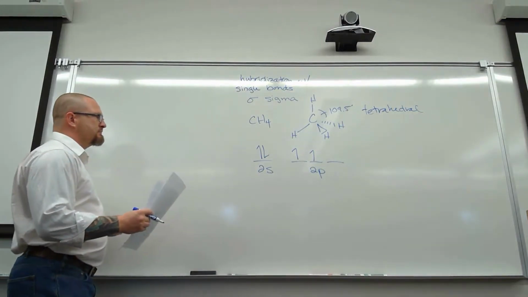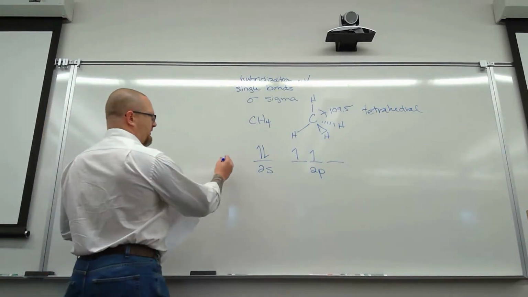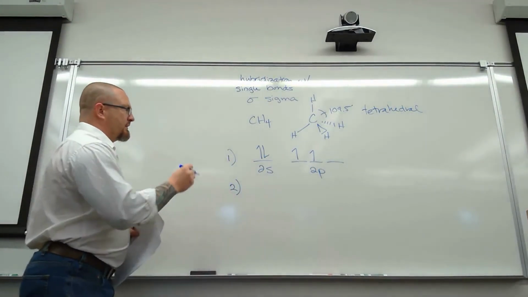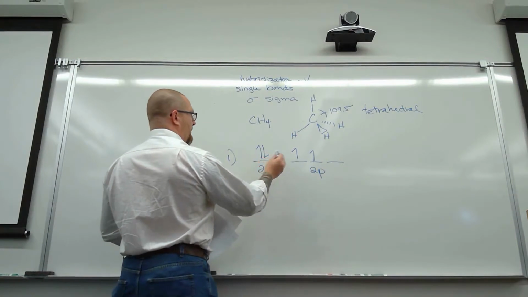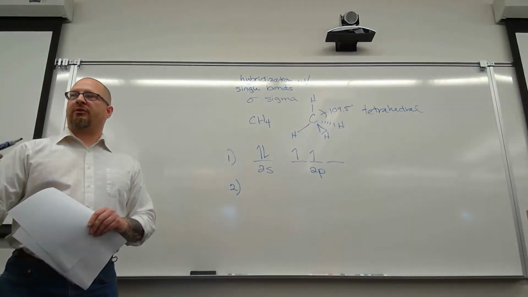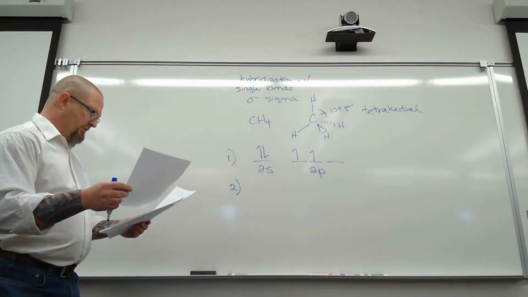Now, under high energy conditions, one of these electrons can promote, because here's the weird rationale for hybridization. I want to make sure I don't jump the gun on this.